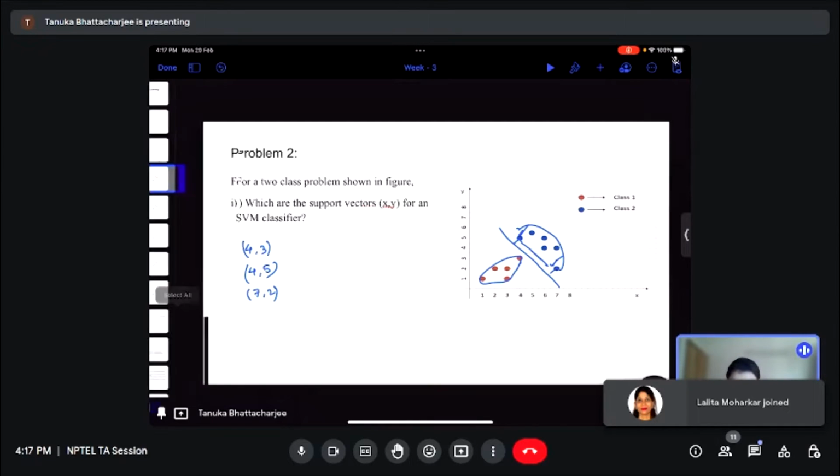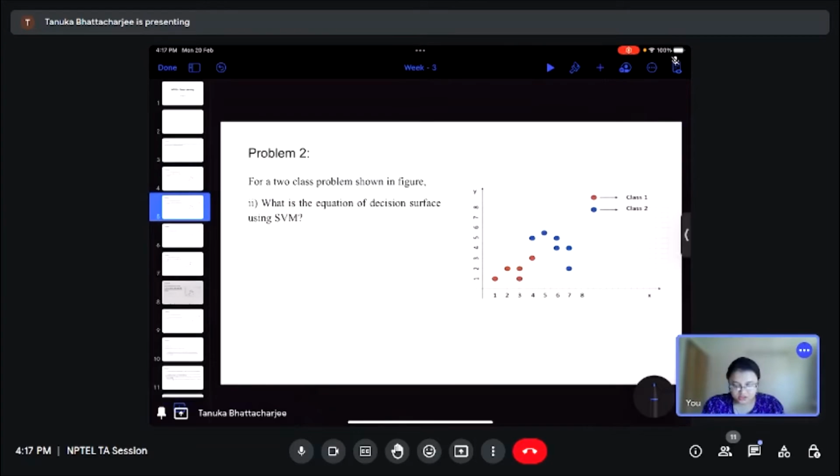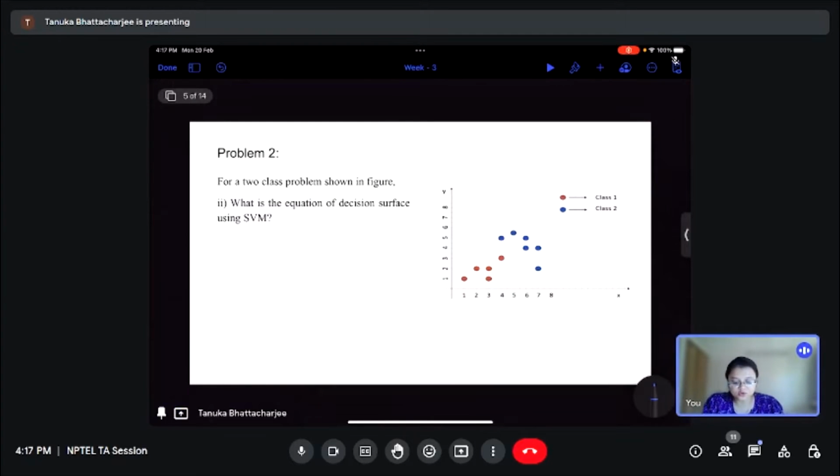Now, given this, the next question is, what is the equation of the decision surface using SVM? As we know, the decision surface, as we drew, will be a straight line passing between the 2 classes.